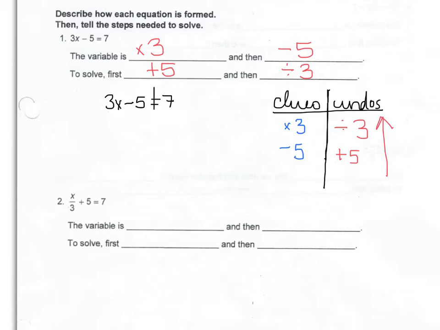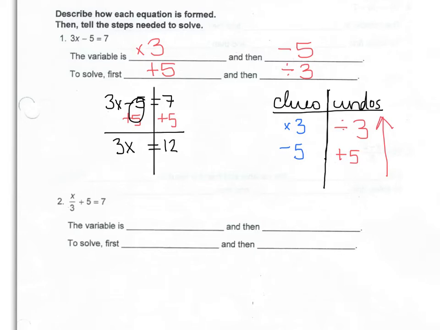Let's go ahead and draw our line down our equal sign. Show that we're going to add 5 to both sides. Draw my line to do my math. That minus 5 plus 5 goes to 0, just like in our one-step equations. So I've got 3x equals 12.